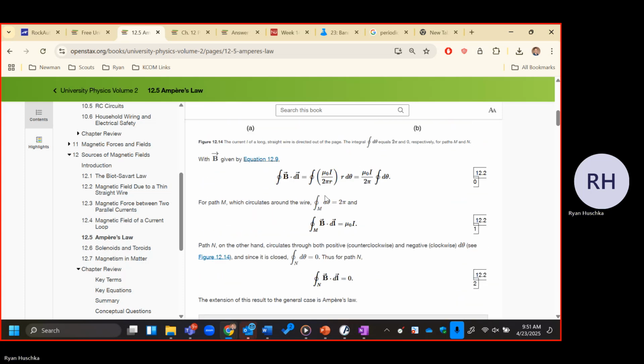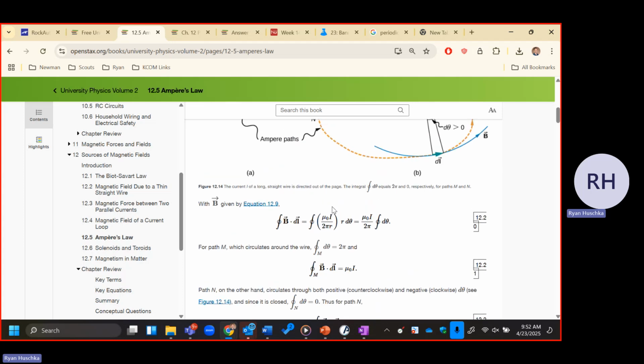For path M, which is circular, around the wire, just like we did for circular motion, if you integrate d theta all around like a unit circle, what does it equal in radians? 2 pi, right? That's where that 2 pi value is coming from.